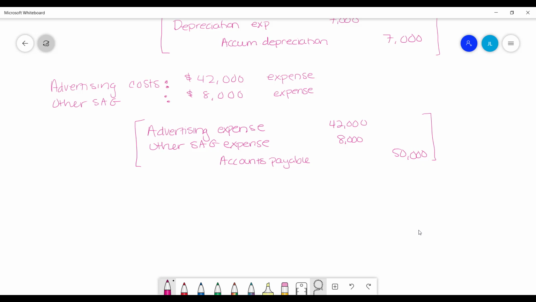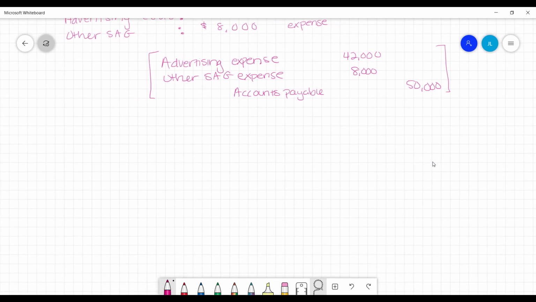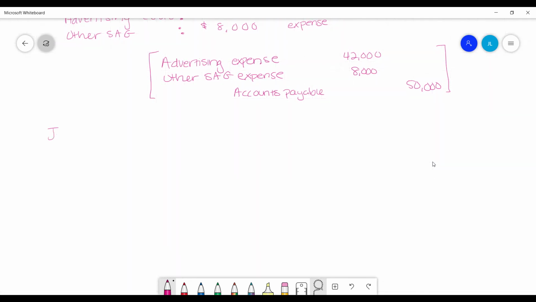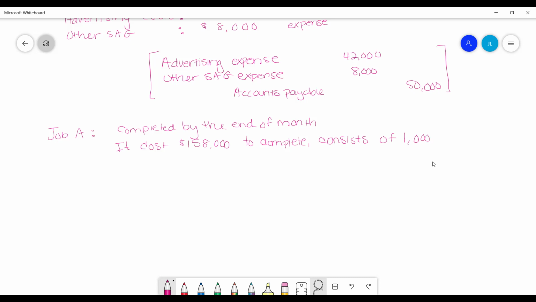So, speaking of completing a job, let's assume we're looking at job A. Let's assume job A was completed by the end of the month. Let's assume that it cost $150,000 to complete, and let's assume it consists of 1,000 units.